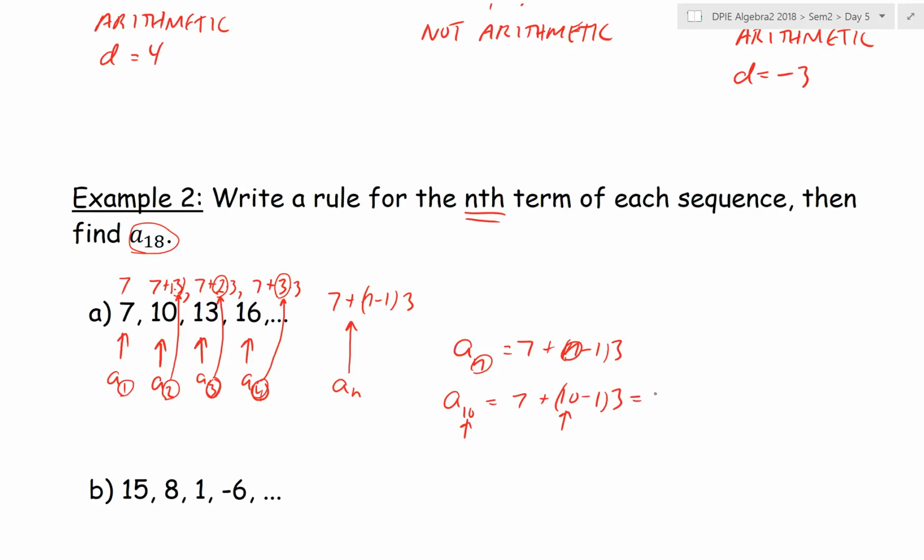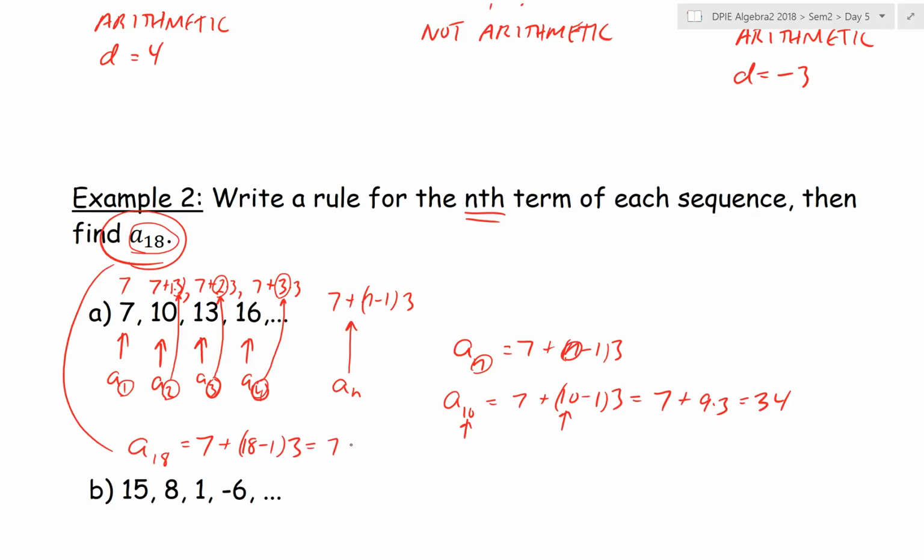And so that turns out to be 7 plus 9 times 3, or 34. In this example, we were asked to find the 18th term. So a sub 18, applying this formula, is 7 plus 18 minus 1 times our common difference 3.